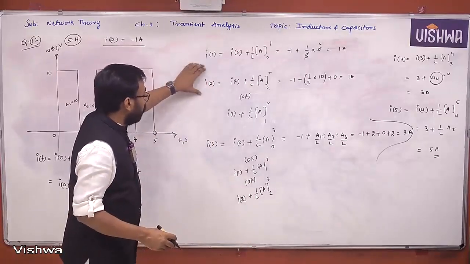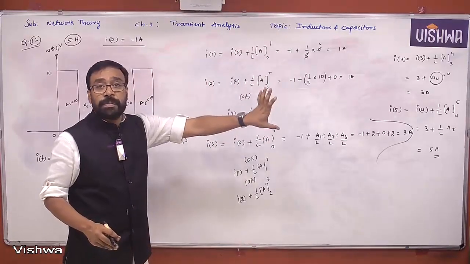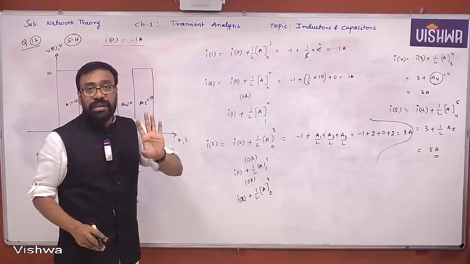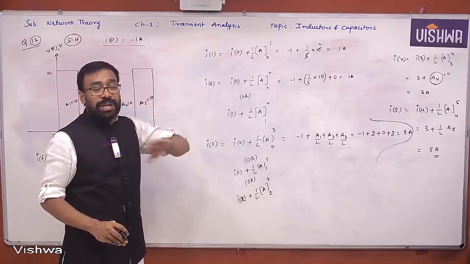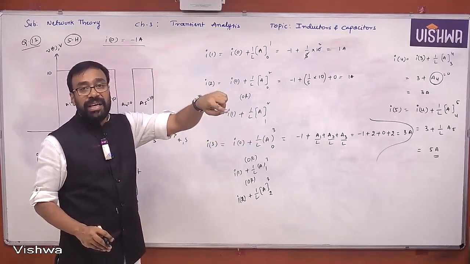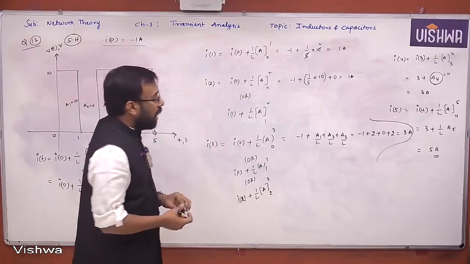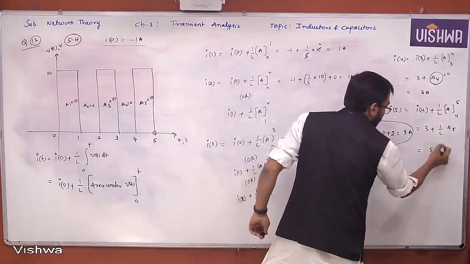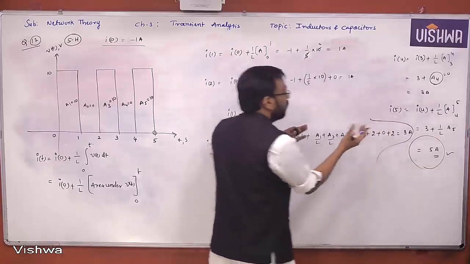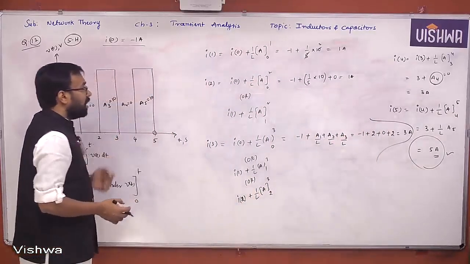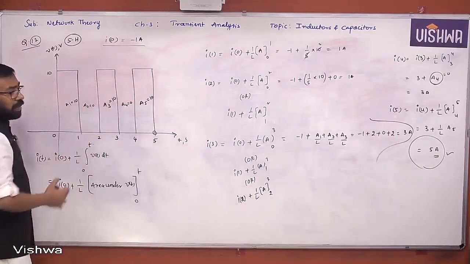I of 1, I of 2, I of 3, I of 4, I of 5. But the question is only I of 5. What is the total current passed, or what is the current passed at time t equal to 5? That's it. Okay. So now you got the answer. This is what your answer actually. But I just calculated the remaining parts also, to make you understand better.